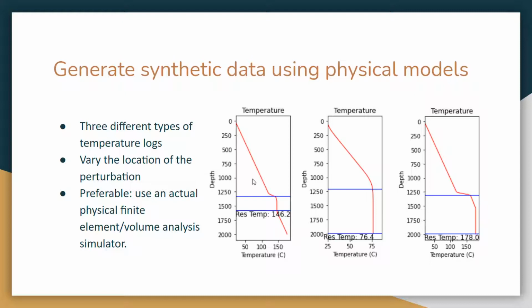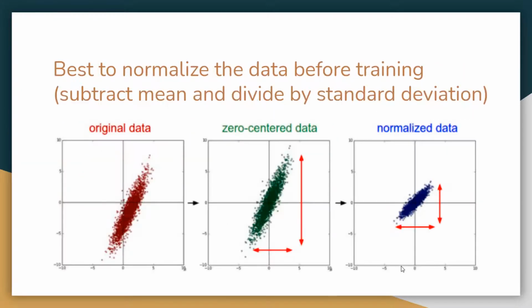You can see one here that looks like a completely straight isothermal section. This one here has several different sections to it, and this one is isothermal but never goes back to the background gradient of the temperature. So these are some synthetic data that I made, and we're going to see that soon in the code.